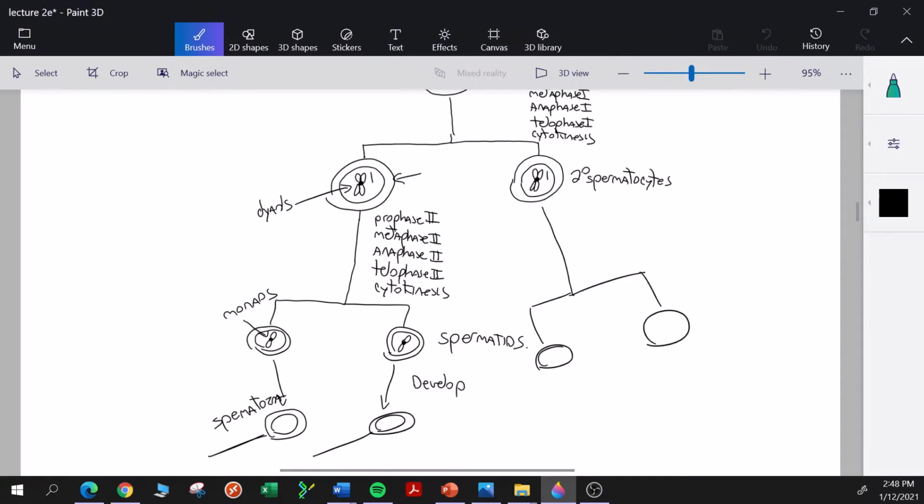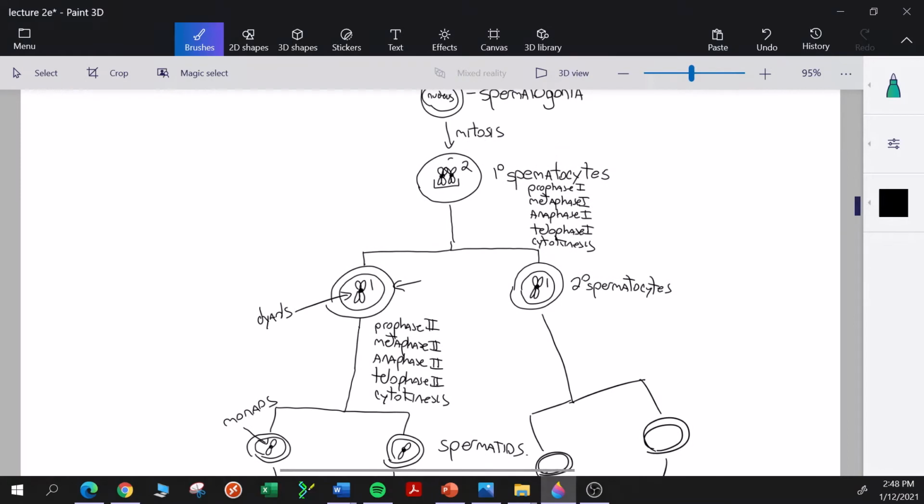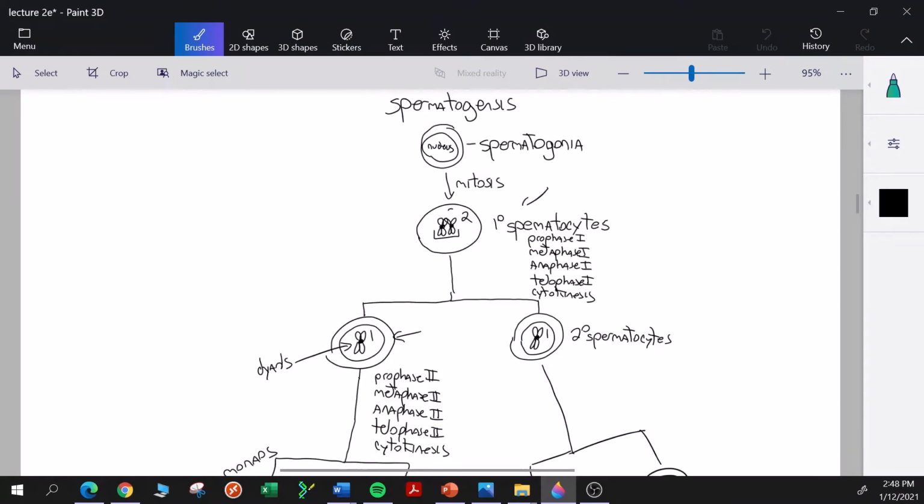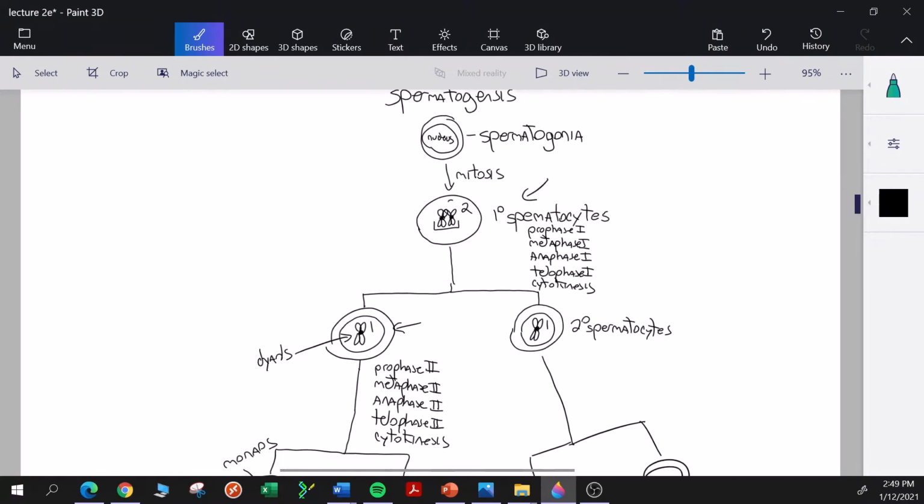We're going to get 2 spermatids, and each will develop into a spermatozoon. So we should get 4 spermatozoa developing from this primary spermatocyte.